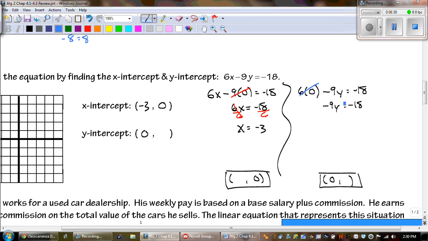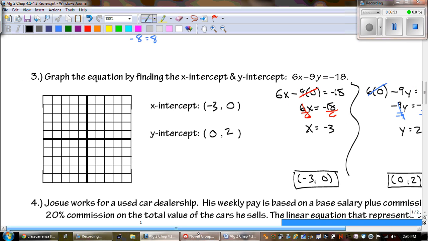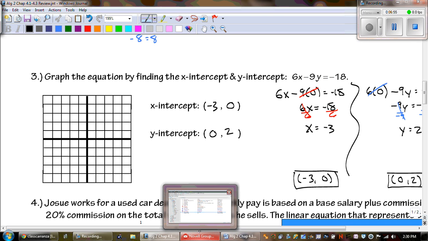When we divide both of those by -9, we get that y equals 2. So, and then we can put them down here too, -3, 0, and 0, 2. Okay.